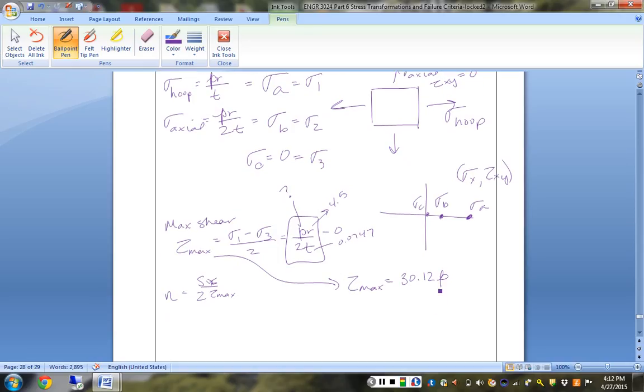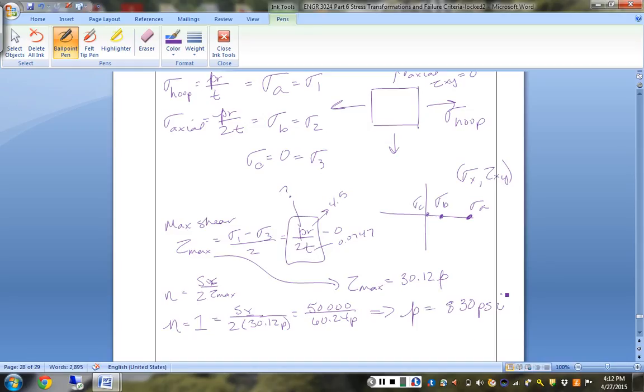And then what did I say? If I expect to get to failure, my factor of safety is 1, so that equals yield strength over 2 times tau max, which is 30.12 times the pressure. And the problem statement tells me that the yield strength is 50,000, or the pressure at an expected yield is 830 psi.